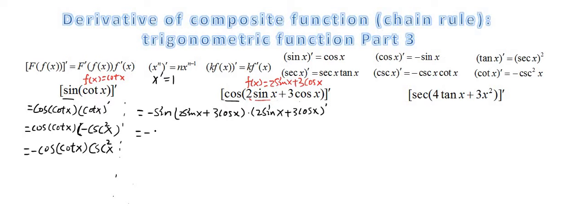Now let's check the second term. For the second term, we know that's the derivative of a sum of two functions. That means we're going to take the derivative of each term. So we just need to copy the first term, and for the second term we do the derivative for each term.